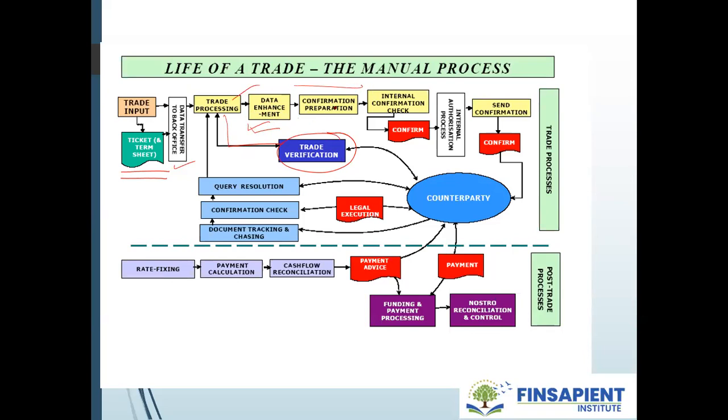It is not that the trade is still taking place, but the trade confirmation will just validate all the information before the final confirm is done. Because once the confirm is completed, internal authentication will be done, and the client, meaning the IM or investment manager, will ensure the data is entered in their system, because they also maintain one system on a daily basis.